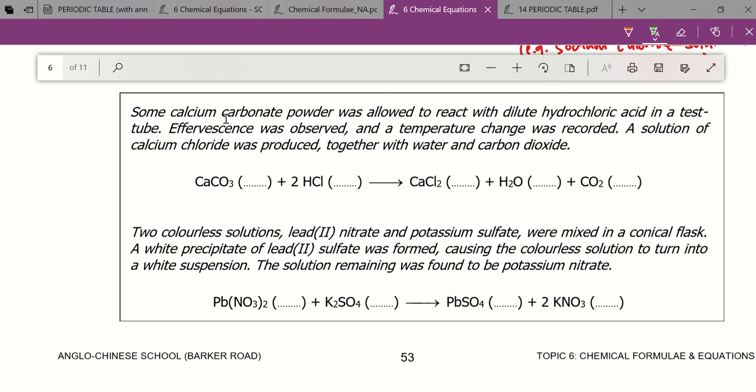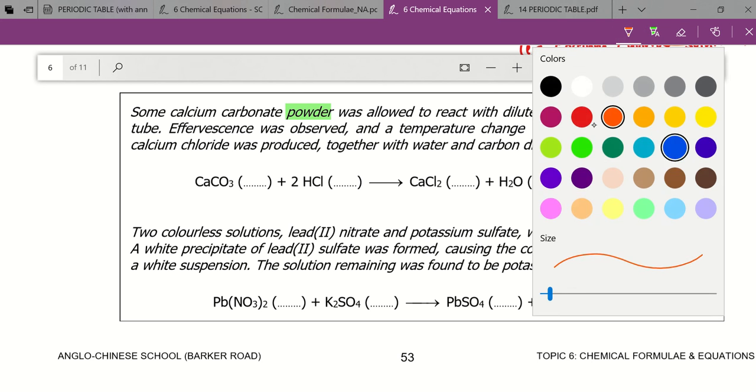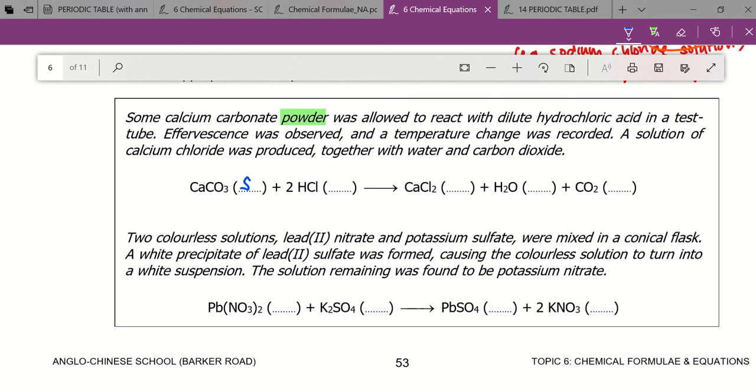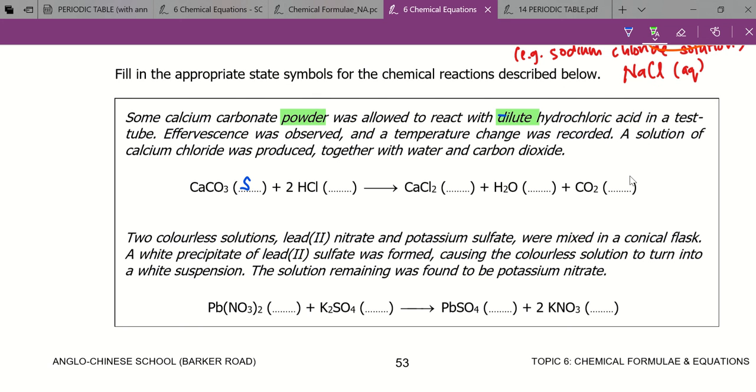Firstly, calcium carbonate powder. The word powder, what do you think it is? Right, our talcum powder, baking powder, and all that. This one should be solid. Okay, and it is allowed to react with dilute hydrochloric acid.